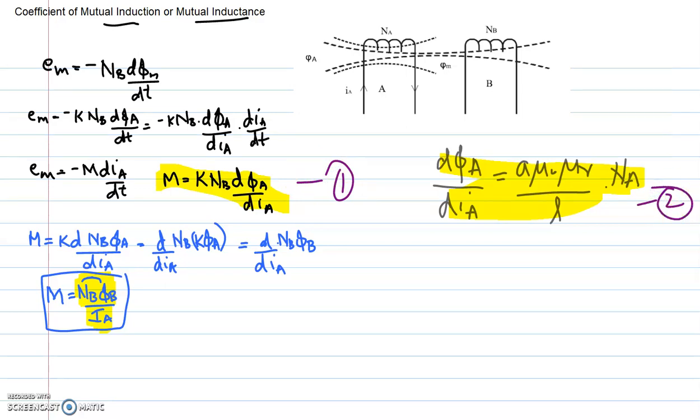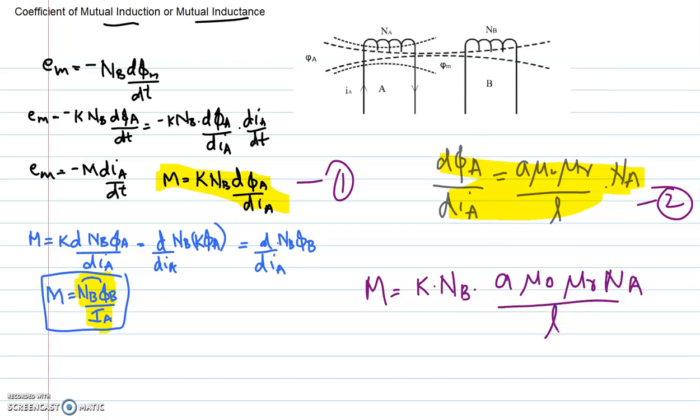Now comparing these two equations, we can write M is nothing but K into NB into d phi A by dIA, which is nothing but A mu 0 mu R NA divided by L.